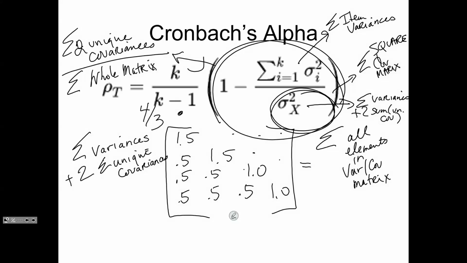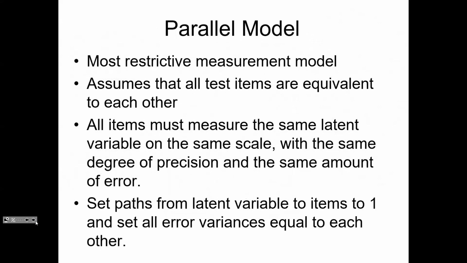That is how you compute alpha. I think when you start thinking about it as the elements in the matrix, it actually starts to make a lot more sense than just thinking about the formula. Okay. Oh, good. I thought that wasn't going to disappear.